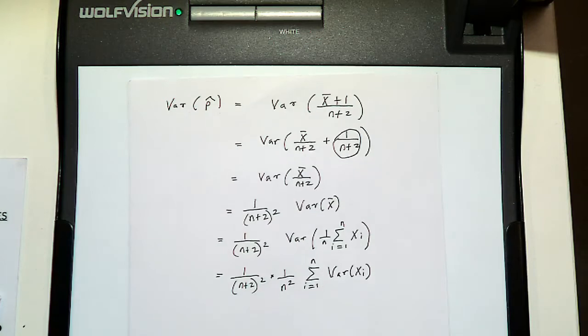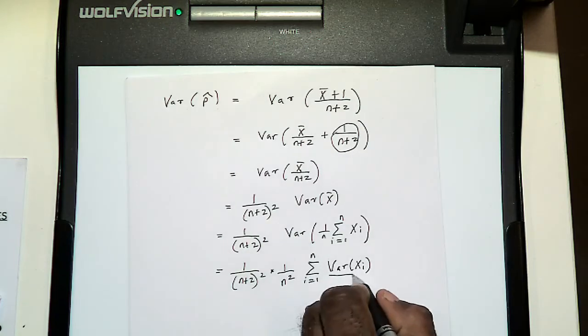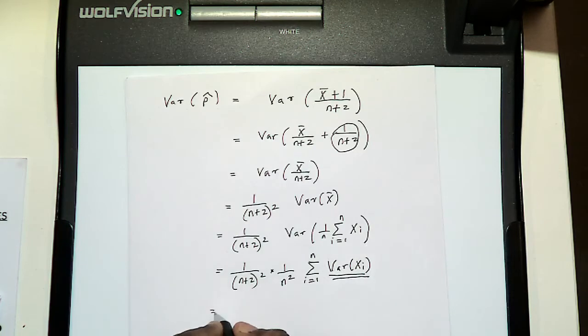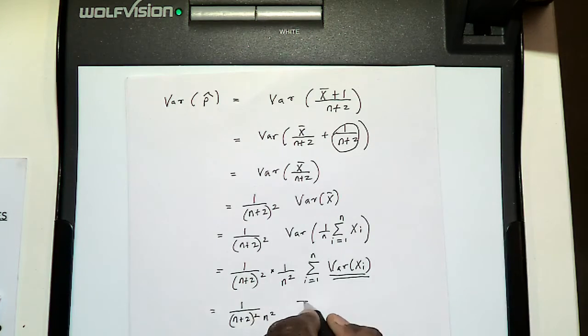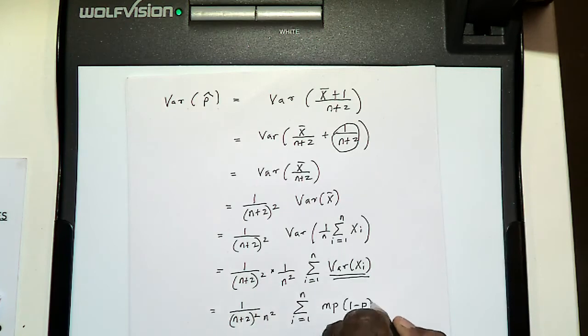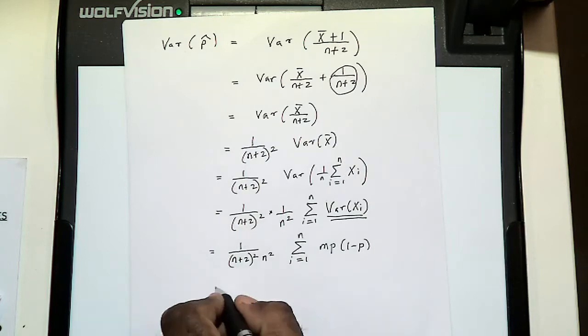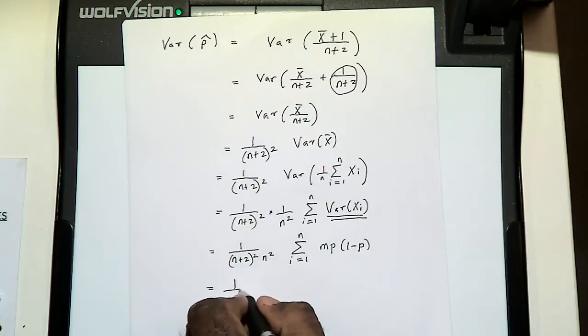Now, I'm sure all of you know that the variance of a binomial is mp times 1 minus p, right? So that's an m, not an n, okay? So what you have here is mp times 1 minus p, right? Once again, this is a constant with respect to i, so you're getting there nearly.